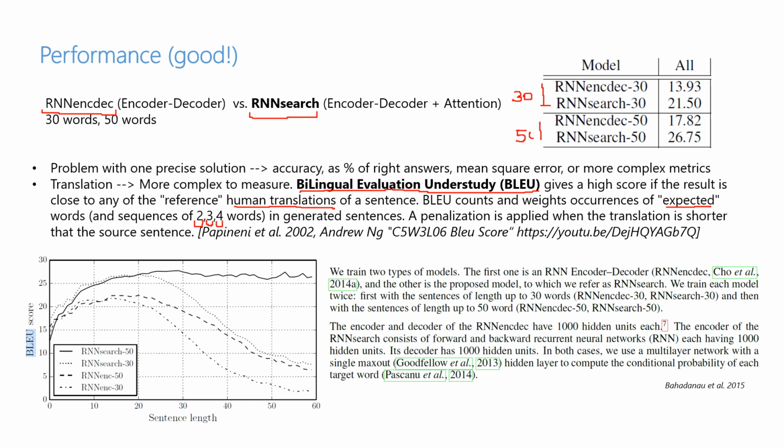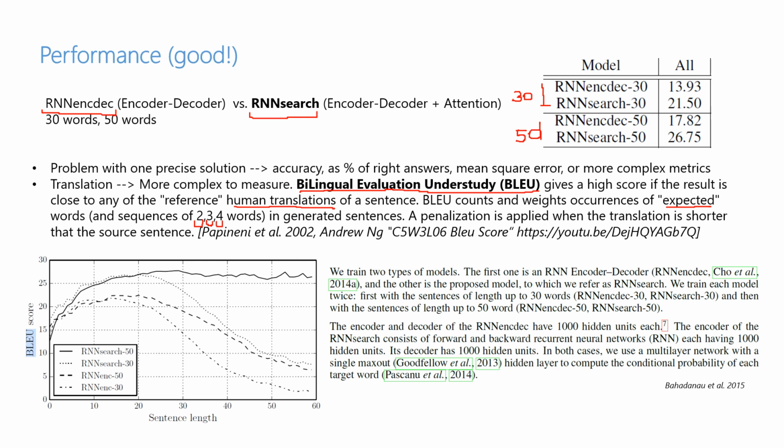We can see that the performance of the RNNsearch model, which is the model with attention, is better, and the improvement increases with the length of the phrase, which is not a surprise, knowing the pitfalls that attention solves.